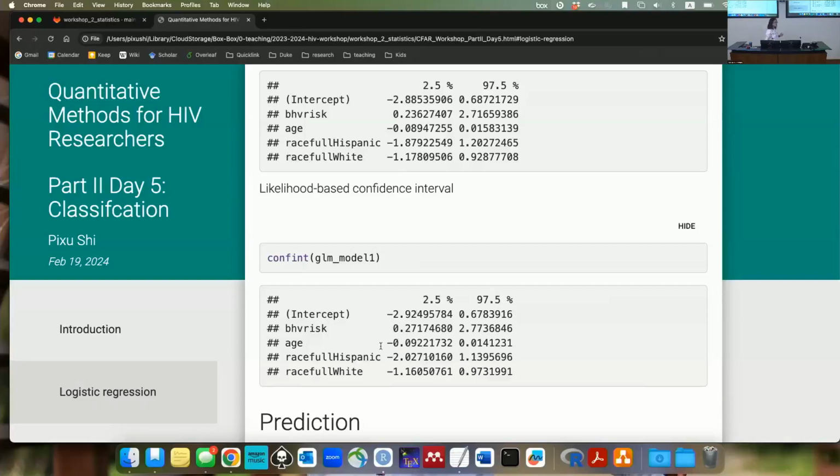Likelihood ratio confidence intervals are invariant to transformation. No matter what transformation of beta you do, you just need to do the same transformation on the two ends of the confidence interval. But for Wald test, you cannot do that. So that's another reason why we want to use this. If you want to have an interval for beta, this is it. If you want to have an interval for exponential beta, you just take the exponential of the two ends.